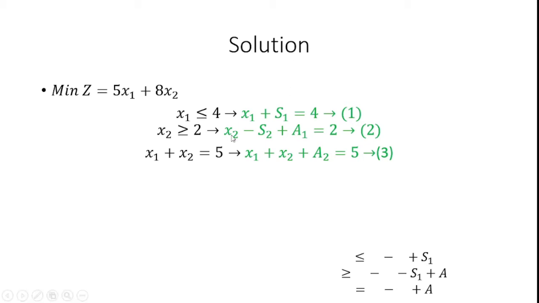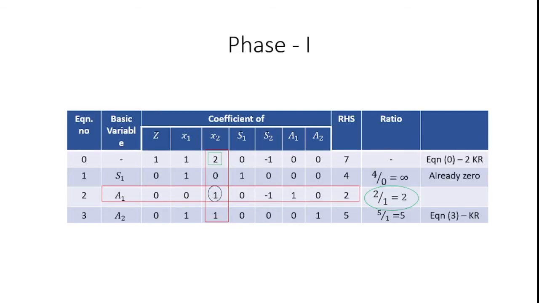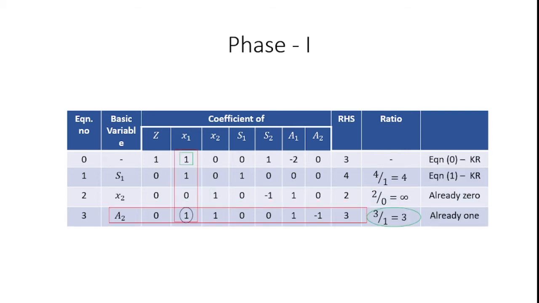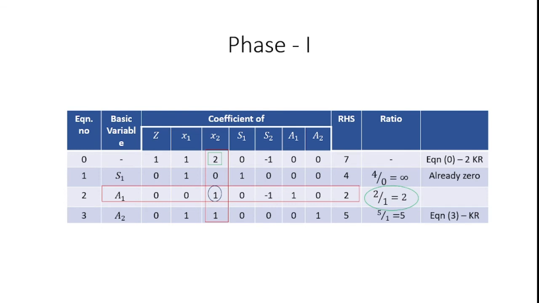The x1 coefficient is 1, the x2 coefficient is 1, the artificial variable a2 coefficient is 1, and the right hand side is 5. So I formulate the table with the collected coefficient values: Z 0, x1 1, x2 1, s1 0, s2 0, a1 0, a2 1, and the right hand side value 5.